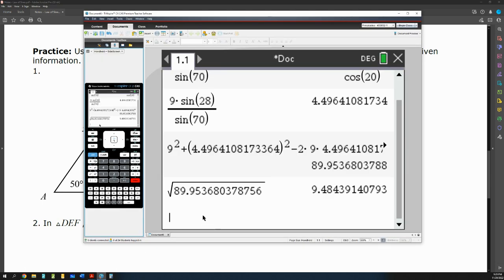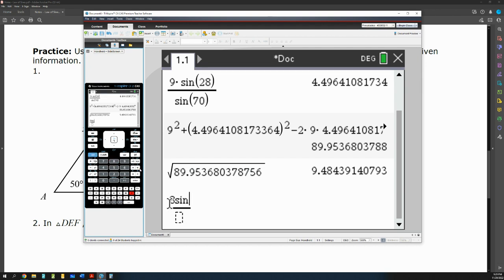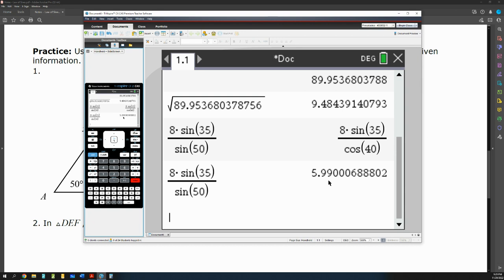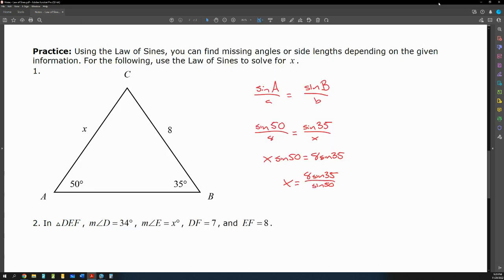So we have x is equal to 8 sine of 35 over the sine of 50. Again, we're in degrees. This is the exact answer, so control enter. About 5.990. Okay? So x is equal to 5.990.